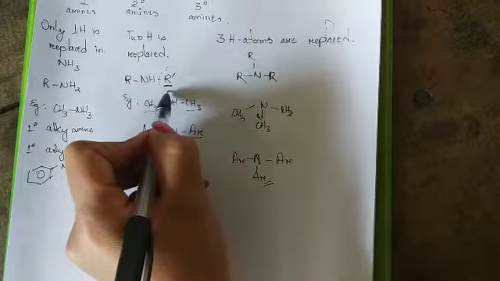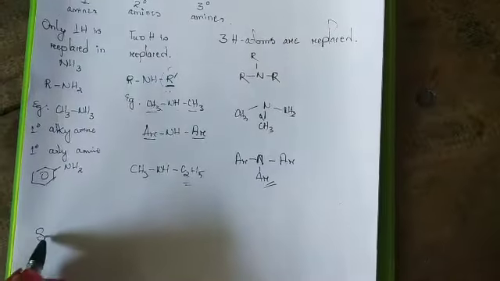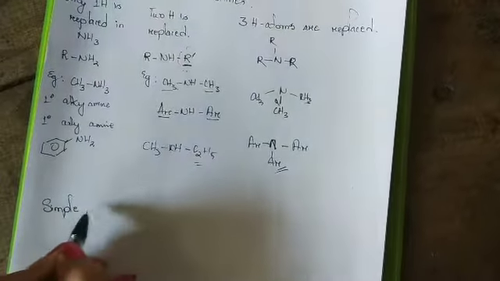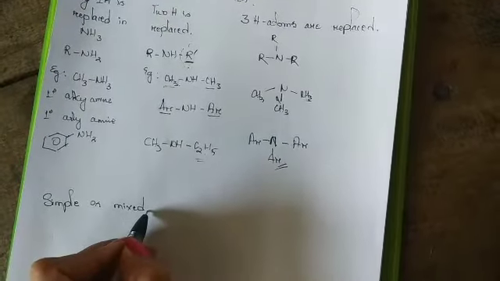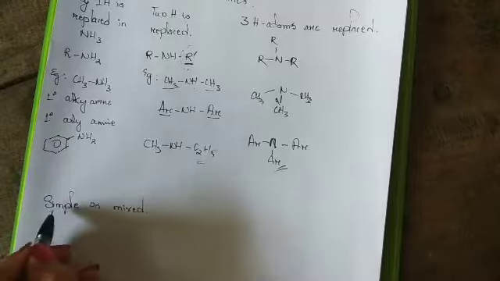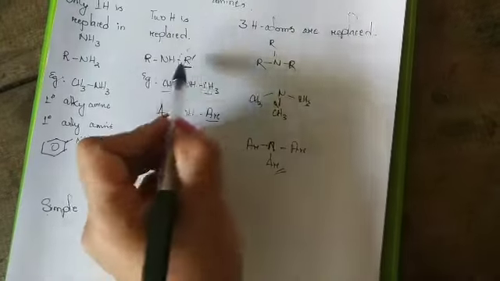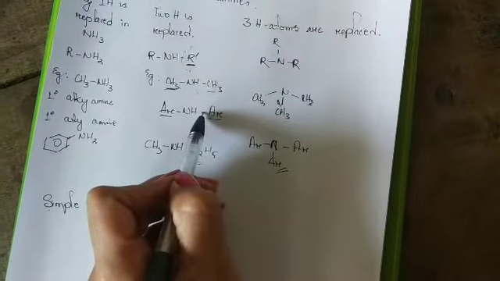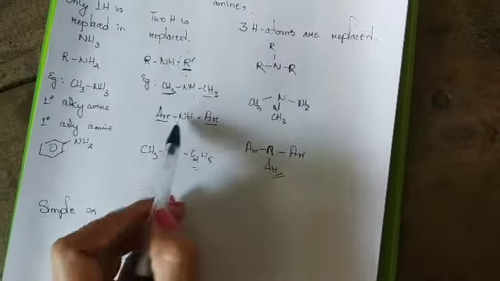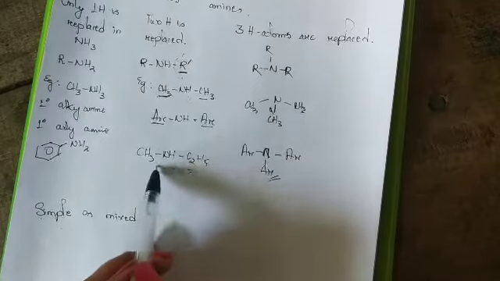And also amines may be said to be simple or mixed amines. Simple means when the alkyl or the aryl groups are the same, as in this case, and mixed means when the alkyl or the aryl groups are different, as in this case.